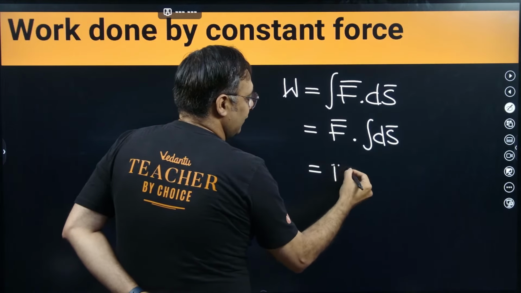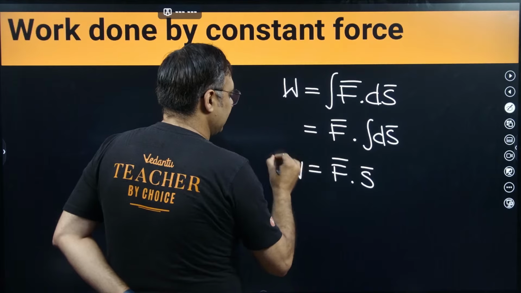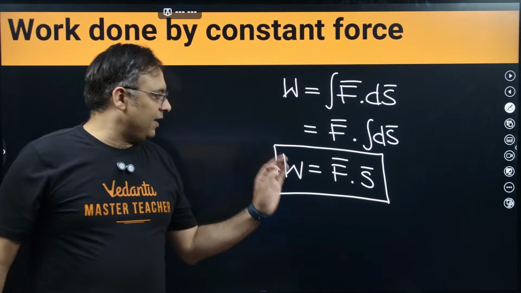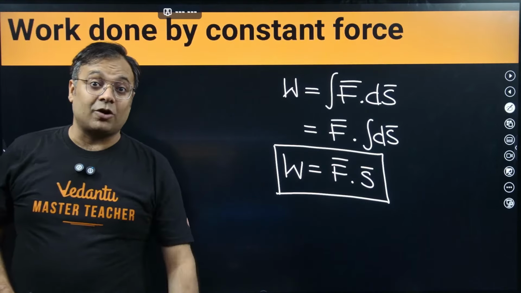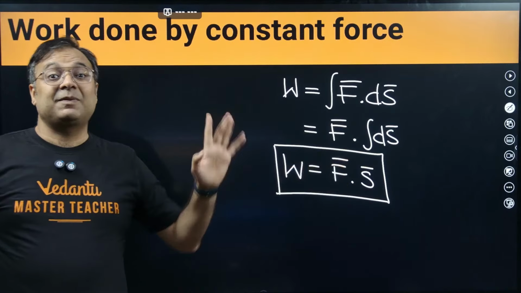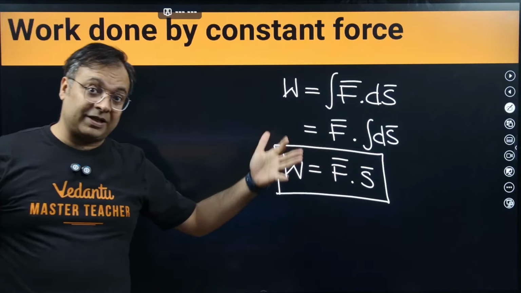So because of a constant force, the work done is given by F vector dot s vector, this dot is the dot product of the force vector and the displacement vector.